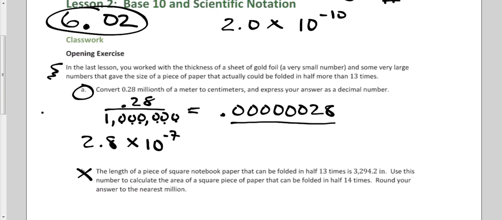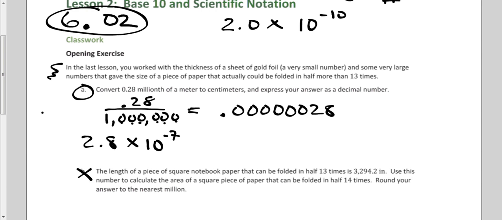So to get this into scientific notation, I have to move this to the right 7 places, right? Hear me out. To get this into scientific notation, I have to move this over 7 places, and then to get it back to this notation, I would have to move it to the left 7 places. And that's why this is a negative.